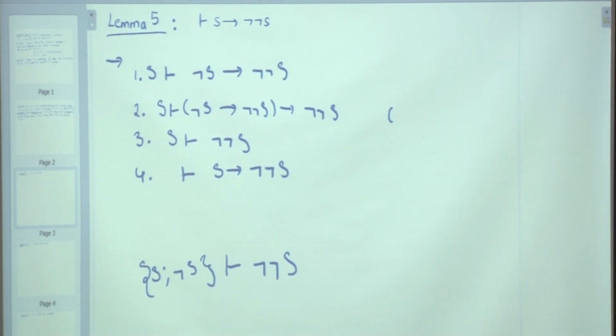We can replace. Inconsistency of S, negation S. Okay, finished? I should write the reasons. Yes, write the reasons.